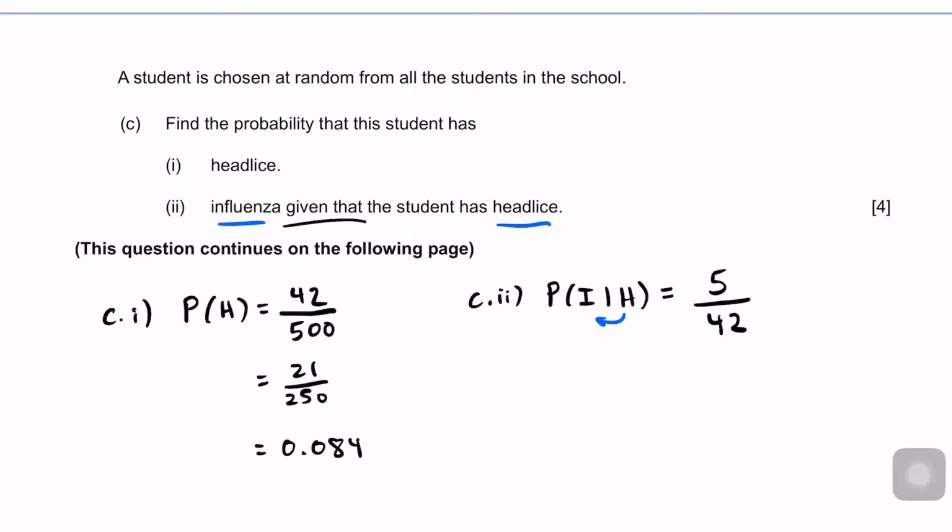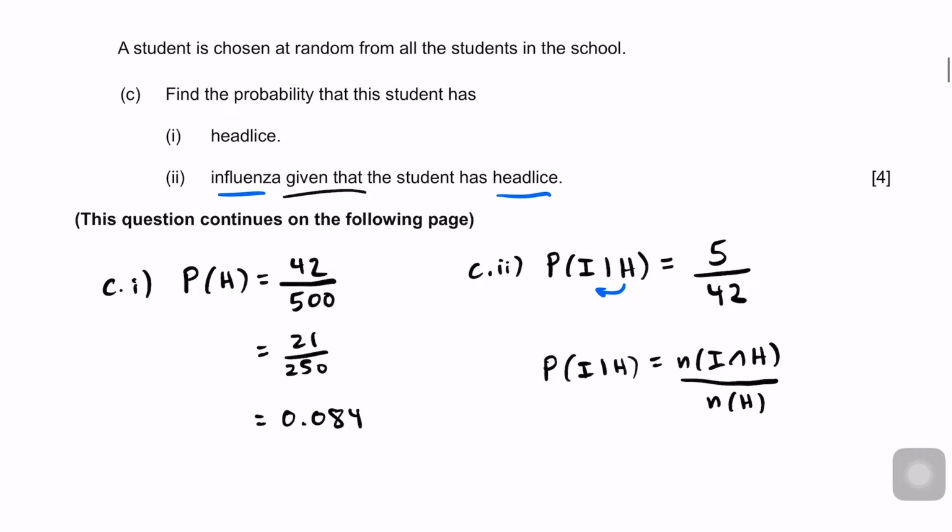If we wanted to use the formula booklet, for influenza given that they have head lice, we could find the intersection between influenza and head lice, all over head lice. And this works if you just replace probability with number as well.